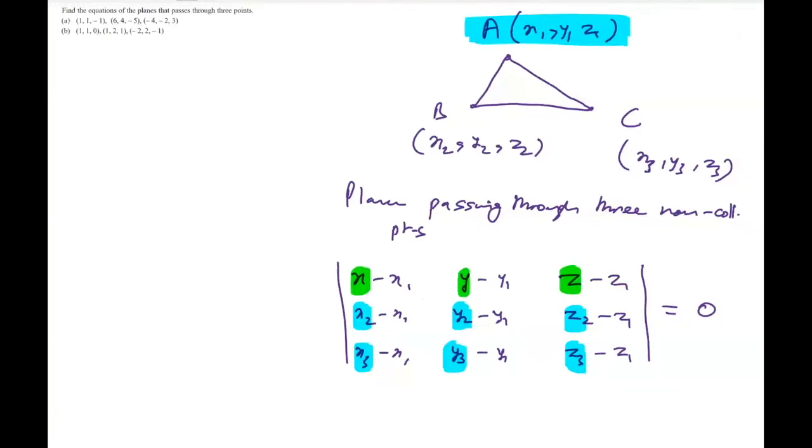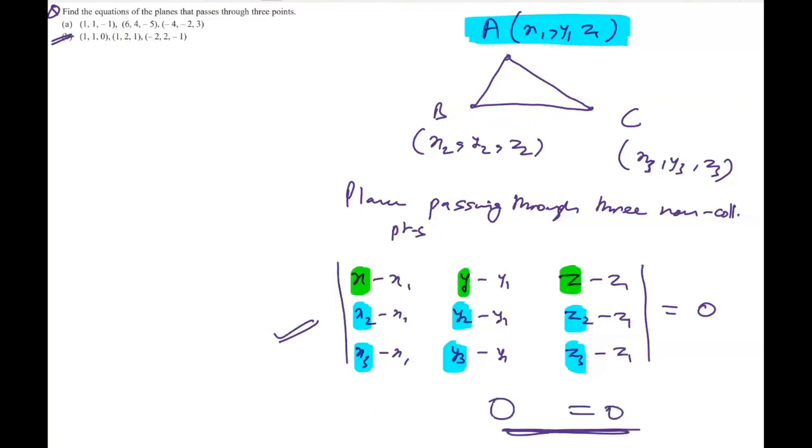So let's do this question, B part. You all need to do it. Suppose you are finding an equation of a plane using this formula and you are getting 0 equals to 0. That means there are infinitely many planes which can pass through the given 3 points.